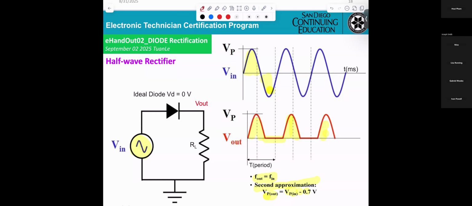On will be substituted by the battery, 0.7 volt, positive, negative. So that's why VP out has to be VP in minus 0.7. The thing is, the diode will be on.